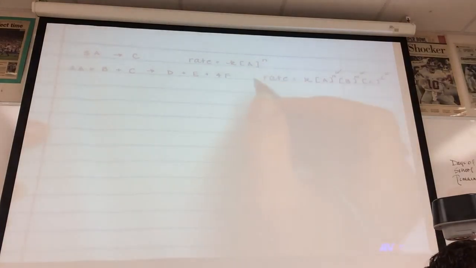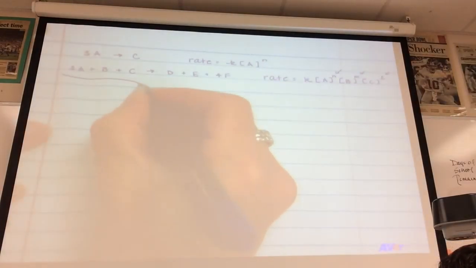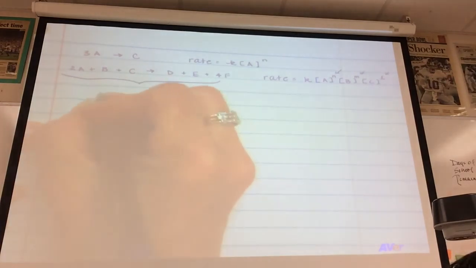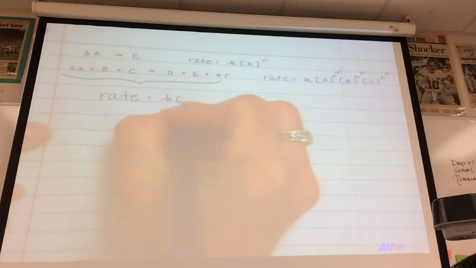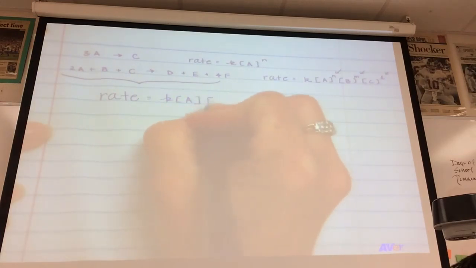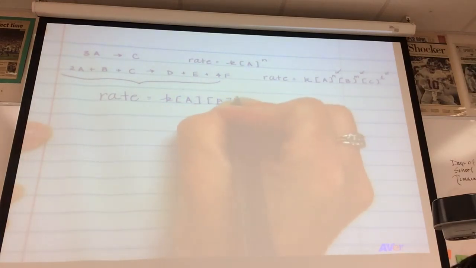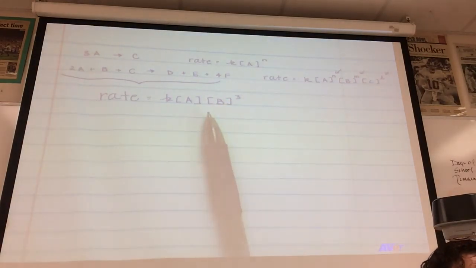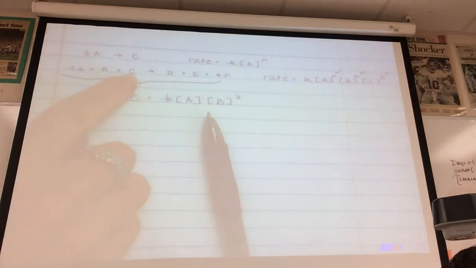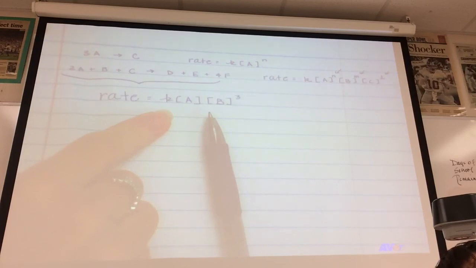Now, if you had this equation right here, and you had the rate law, let's say rate is equal to k [A] [B] to the third power, if a reactant is not in a rate law, then the order with respect to that reactant would be 0, because altering the concentration of C has no effect on the rate.